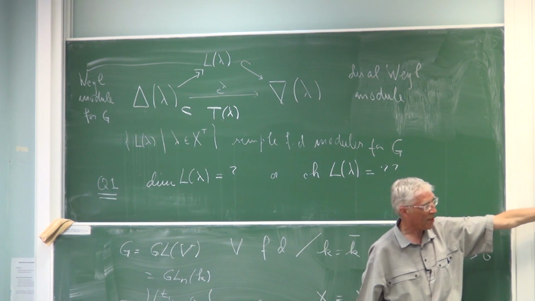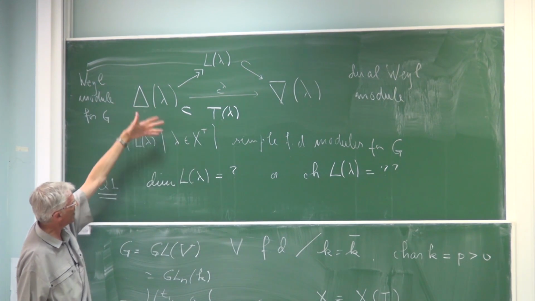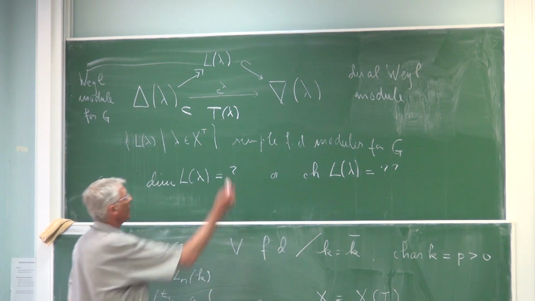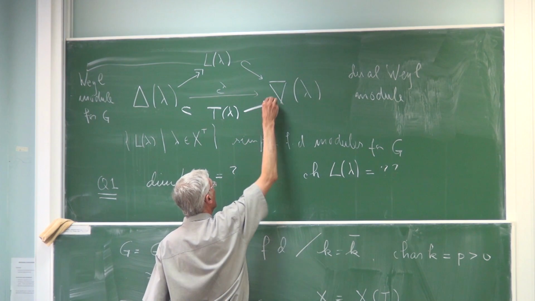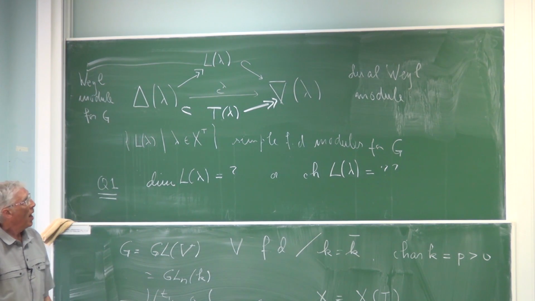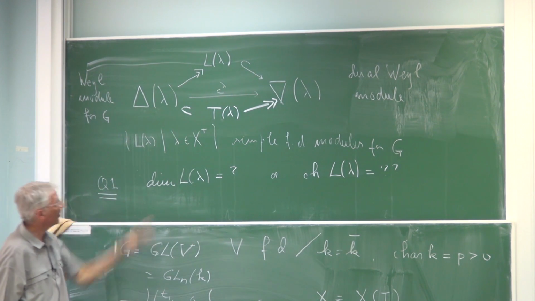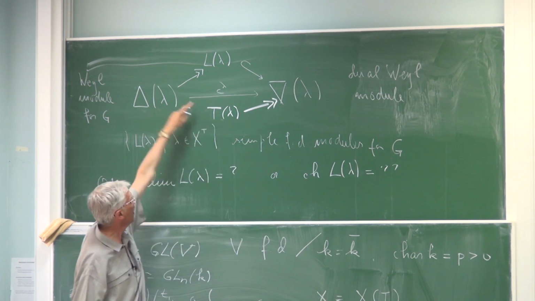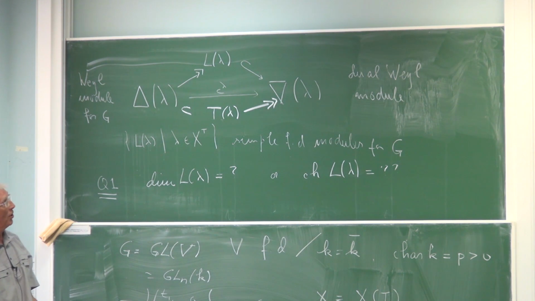This sort of filtration is called a delta filtration, this one a nabla filtration. It does have a delta filtration, and this delta filtration in fact does have to start with delta lambda. And likewise it has a nabla filtration, and for weight reasons there will be a surjection from T lambda onto nabla lambda. And the reason I wanted to put it into the picture is that this diagram still commutes. The inclusion here, followed by the surjection, is this unique non-zero map from delta to nabla.